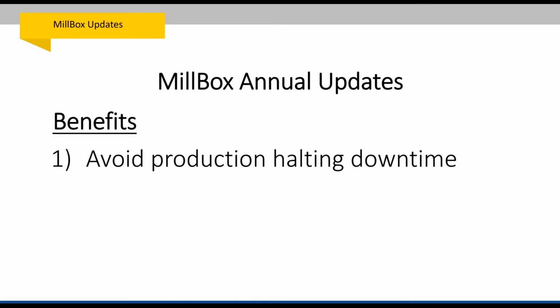All right, the first benefit is that by staying up to date on your annual updates, by being on 2021 for annual updates, you're going to avoid production halting downtime. What do I mean by that? Well, the CIMSystem support group, easily 19 times out of 20, if somebody calls in about something that halted their production on the CAM software, that fix has already been created in the form of an update.